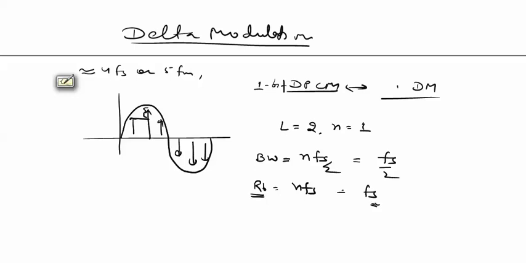Fs is not the Nyquist rate here. It is 4 or 5 times the Nyquist rate. So on the cost of oversampling we achieve delta modulation.